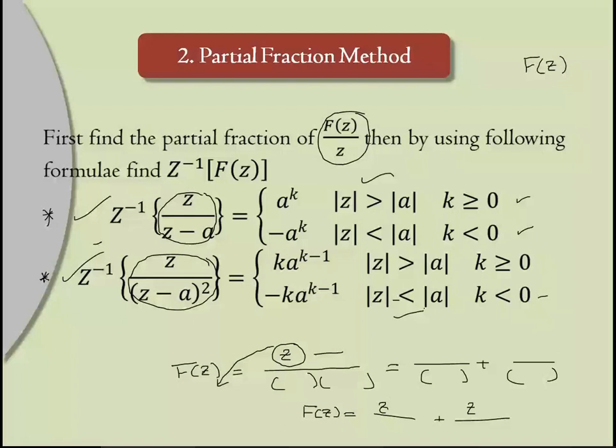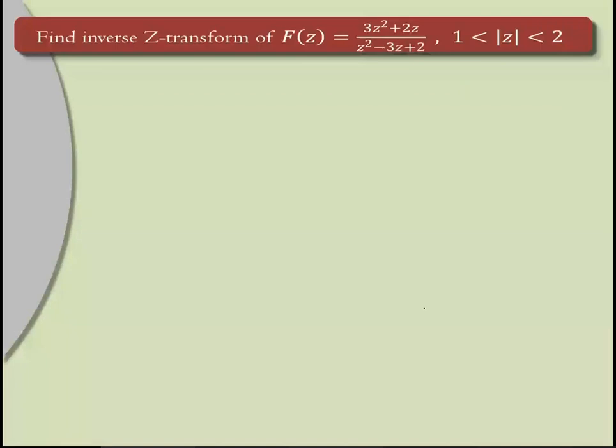Find the inverse z transform of f of z equal to 3z square plus 2z upon z square minus 3z plus 2, provided mod z is greater than 1 and less than 2. Now, here you can see that we can easily take one z common from the numerator. And here we can find the factors of the denominator.